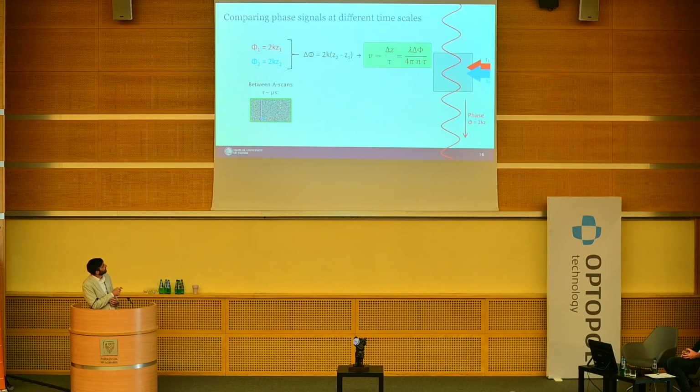So this is the phase tomogram here again, just like we saw it before. Then we compute the phase difference for every position, and then we can convert this into velocities, and this is called Doppler OCT, similar to Doppler ultrasound imaging.